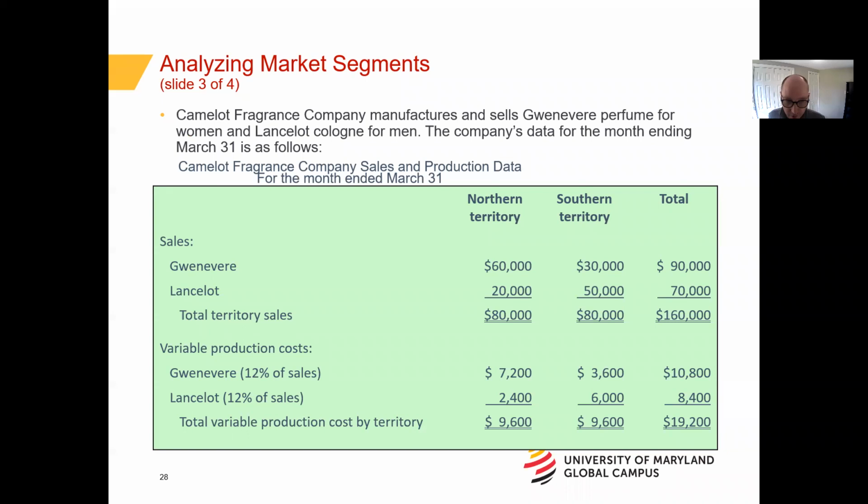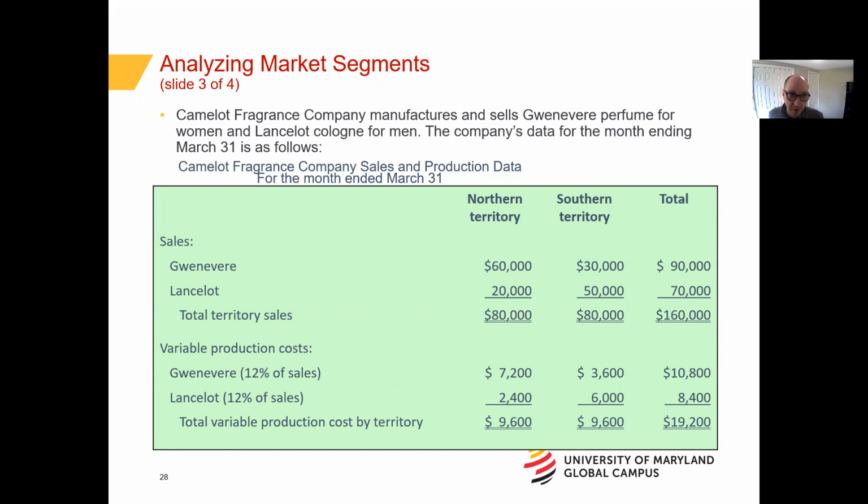But here's the difference. In both products, the variable cost of production represents 12% of all sales. That sounds about right.